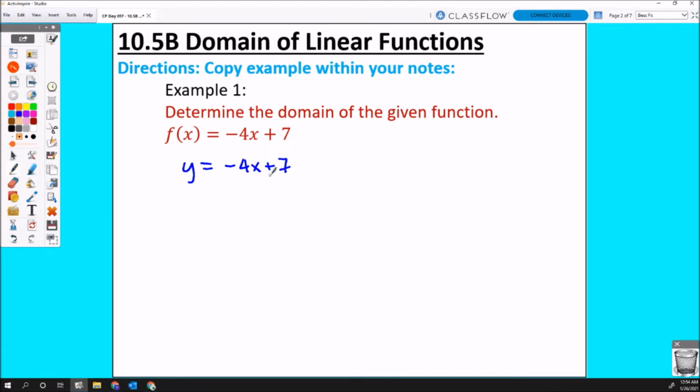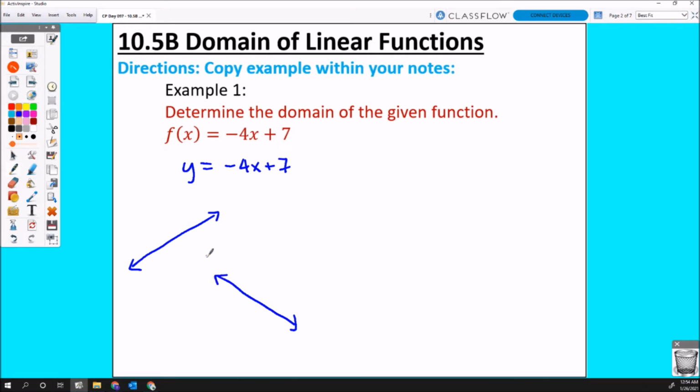So for a linear function, it's going to be very simple. A linear function is a straight line that you see on a graph. Whether it's a positive graph, it's going to be continuous going left and right, or a negative graph, same thing, going continuously left or right.